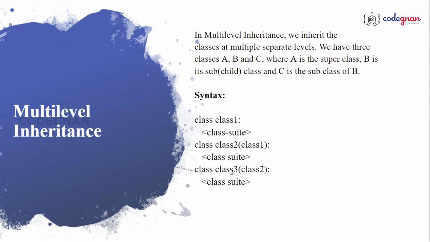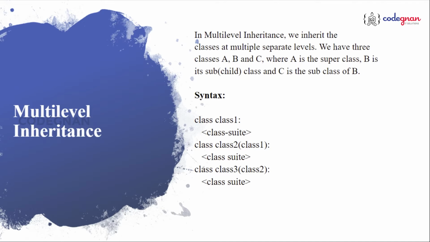But now we are taking class 3 of class 2. That means we are going level by level again. So here class 3 is grandchild, class 2 is child, class 1 is parent. You can take it that way, right? That is multi-level. We go by level. So that is where multi-level inheritance differs.